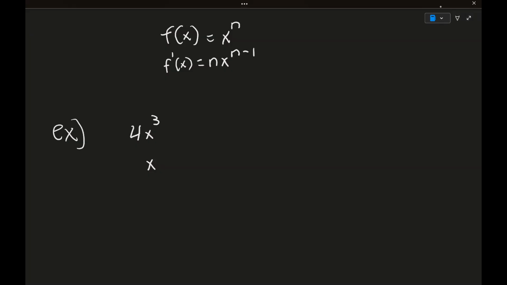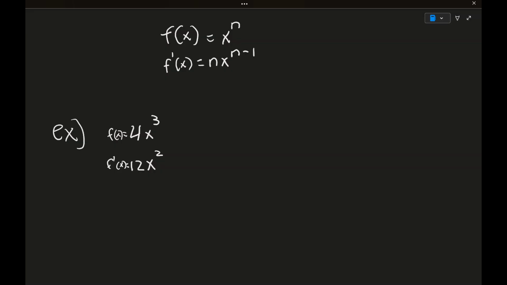So, 3 minus 1 is 2. But we also need to swing that n around to the front and multiply it by 4. So the derivative of 4x to the third is going to be 12x squared.